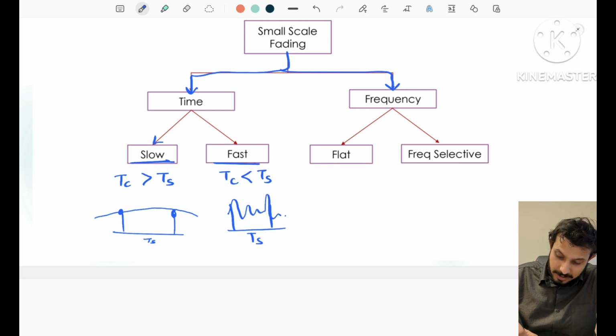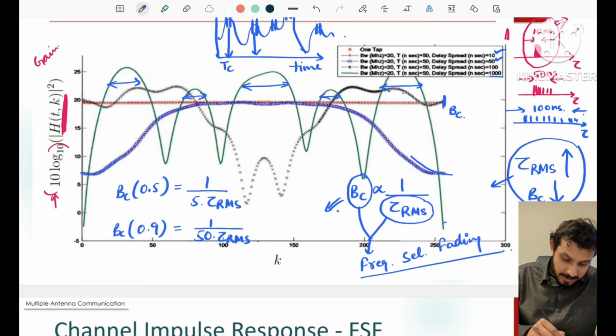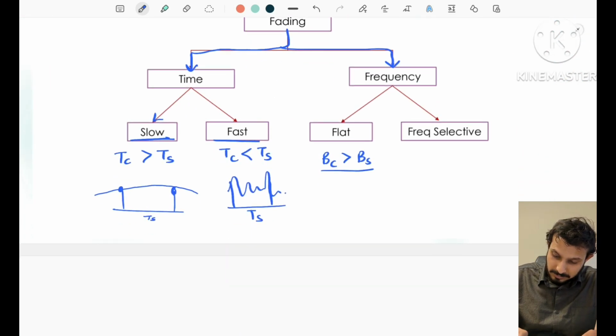In flat fading, the coherence bandwidth is greater than the system bandwidth. That means if this is the system bandwidth, then this is the coherence bandwidth over which the response is flat, and whatever system bandwidth you consider, the response will always remain flat. Whereas in frequency selective fading, we saw coherence bandwidth is less than the system bandwidth.